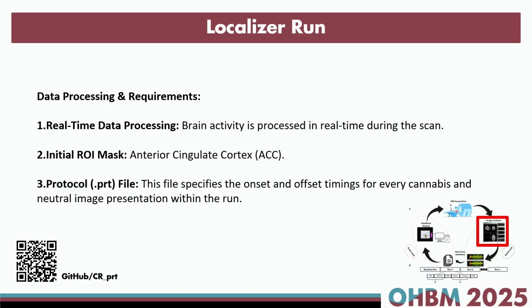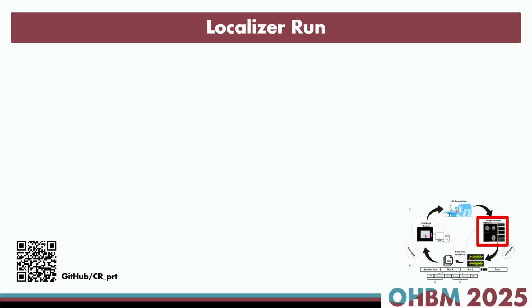All this data of onset and offset of every cue is within the protocol file that you can generate based on the code and the output that you receive from your code. So maybe before the day of the scan, you will run the code for yourself, get the output of timing, use the code to generate the protocol file, and then you have all this timing of onset and offset, and you give it to Turbo Brain Voyager.